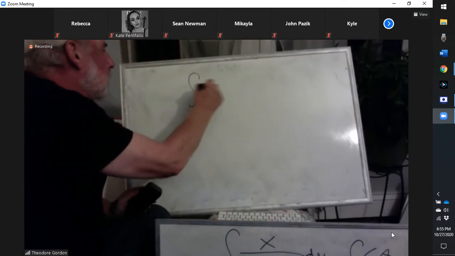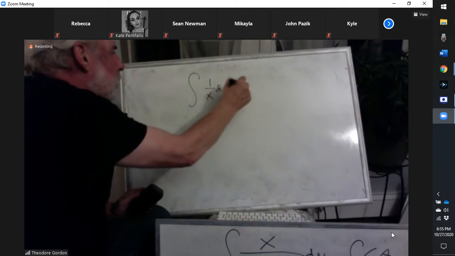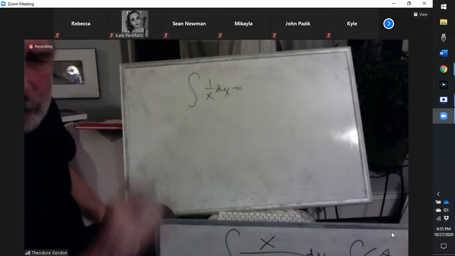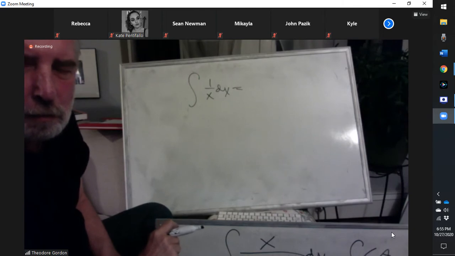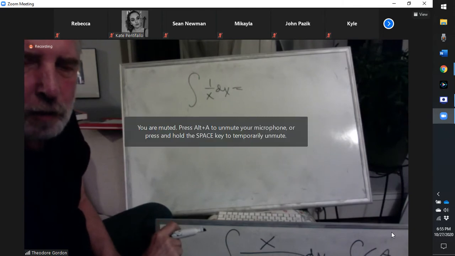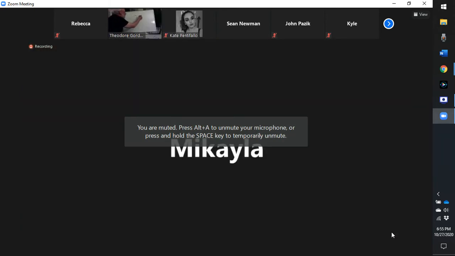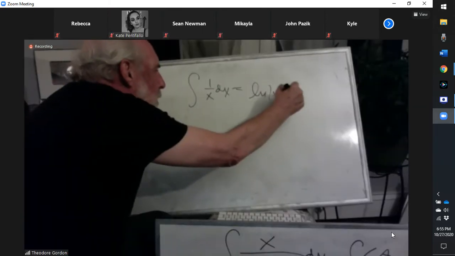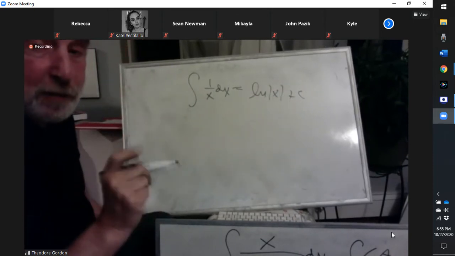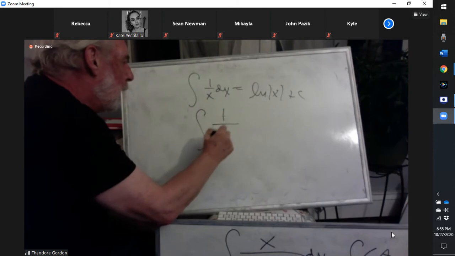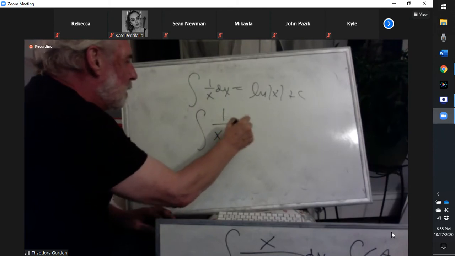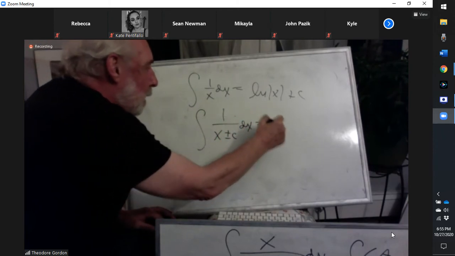The integral of 1 over x dx. What's the integral of 1 over x? Natural log of x. Yep, it's the ln of x plus c. But it turns out, if we do the integral of 1 over x plus or minus a constant, it's the same thing.